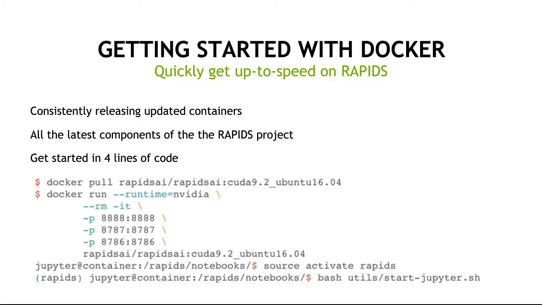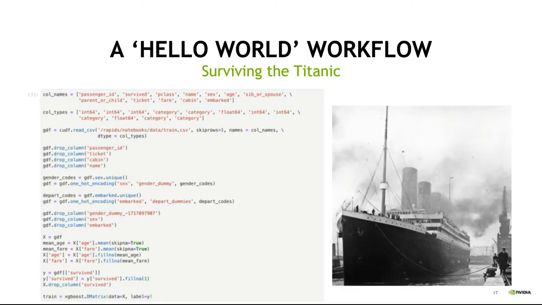The container includes a Python virtual environment. Once that is activated, the included helper script to launch Jupyter can be run, and the Jupyter Notebook will be available for you to work with. For this presentation, I've created a simple single GPU example of a data science workflow using the Titanic survivors dataset available on Kaggle.